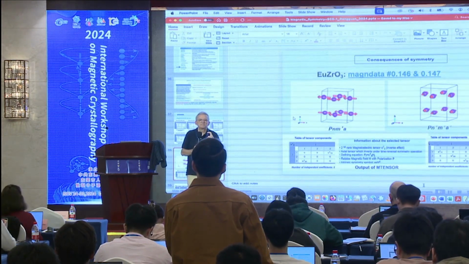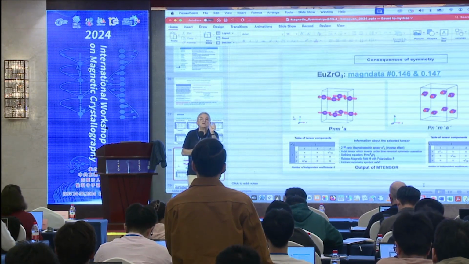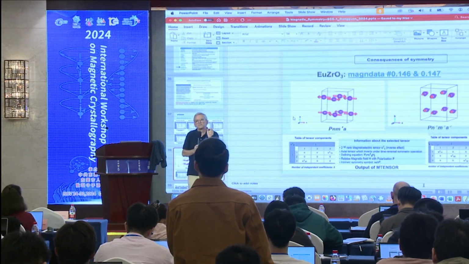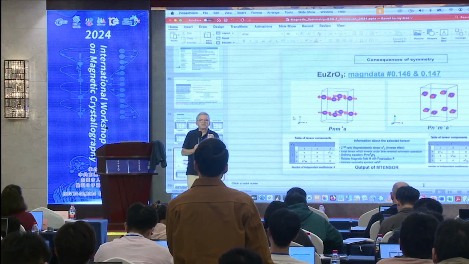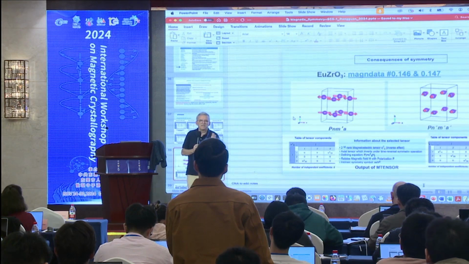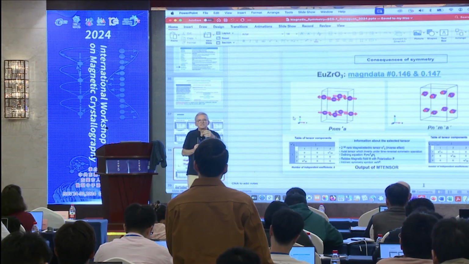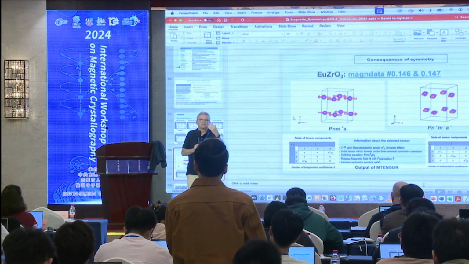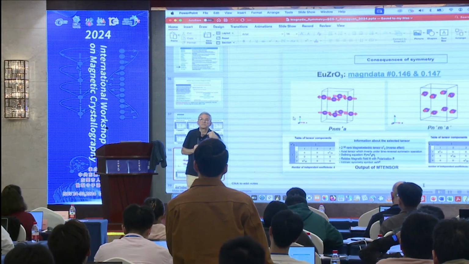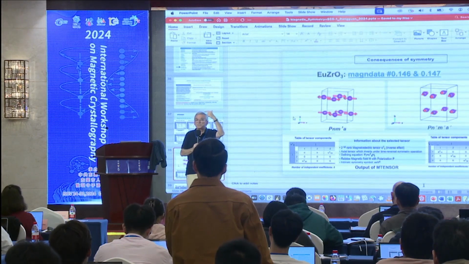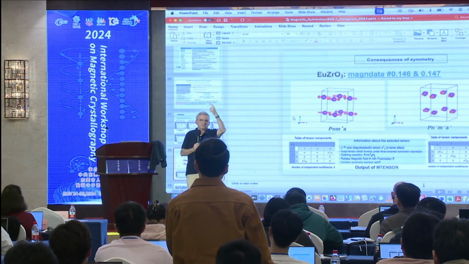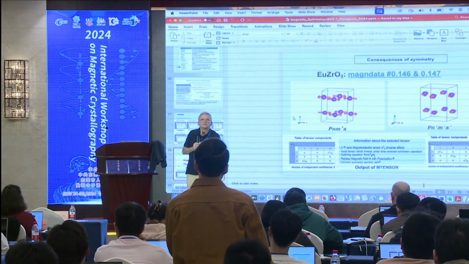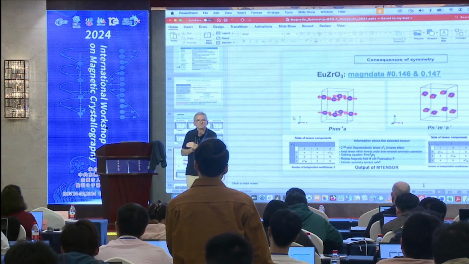And all these magnetic space groups have 62 in the number, because 62 is the number of Pnma in the International Tables. And then you have 62 plus some number just to indicate what is the magnetic space group. But this does not mean that you are assuming some kind of group-subgroup relation, which in many cases exists, but the real group-subgroup relation will be with respect to the paramagnetic space group, and this paramagnetic space group may have nothing to do with Pnma, maybe a completely different one, maybe a tetragonal. You may go from a tetragonal parent phase to a magnetic space group which has Pnma in the label.